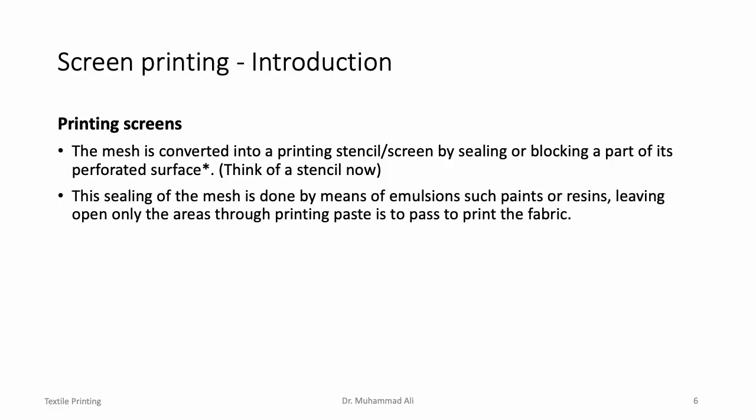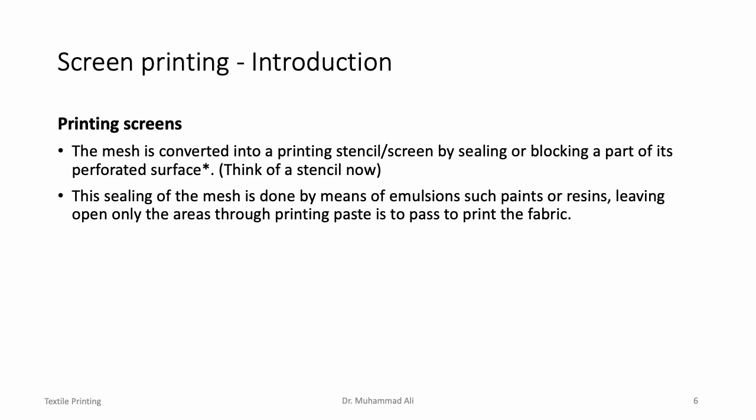This sealing or blocking of the perforations in the mesh is done by means of some emulsions, which are more or less like paints or resins. When we apply this emulsion on certain areas, those areas are blocked and the print paste cannot pass through those perforations, while the areas of the mesh on which this emulsion is not applied are open.